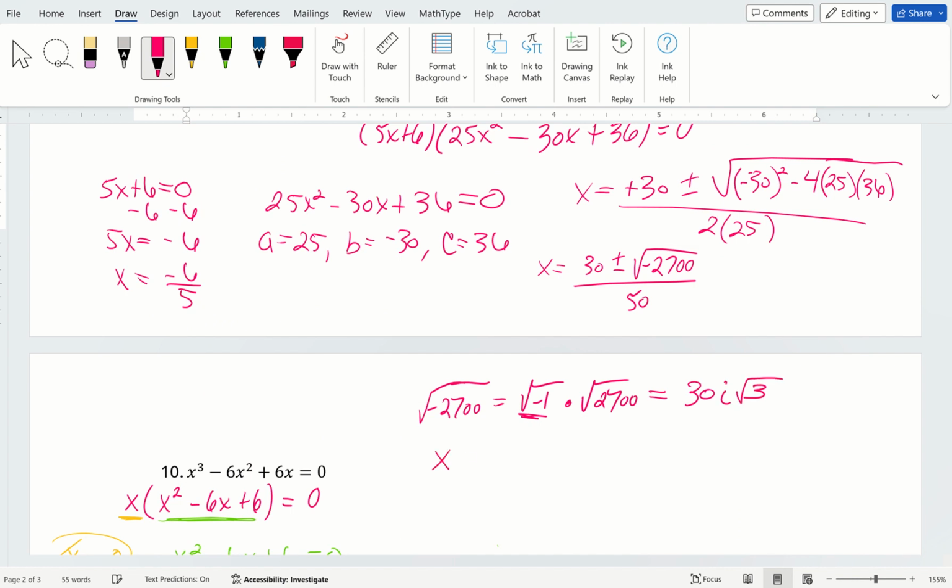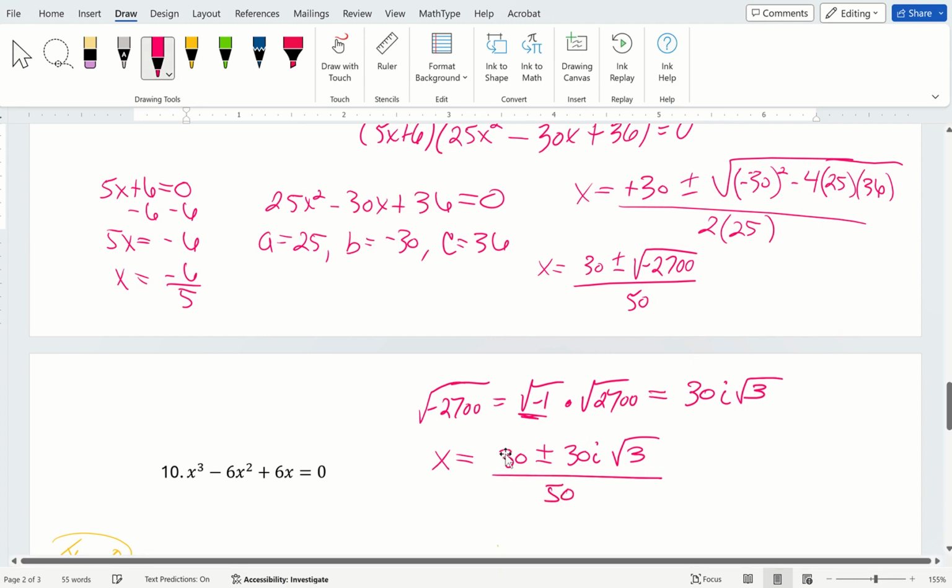So x is equal to, I'll erase this so you don't get confused, 30 plus or minus 30i square root of 3 over 50. Common factor between all of these terms is 10.